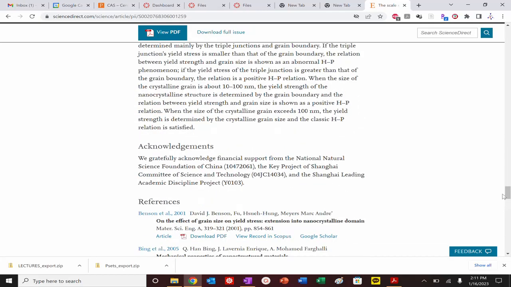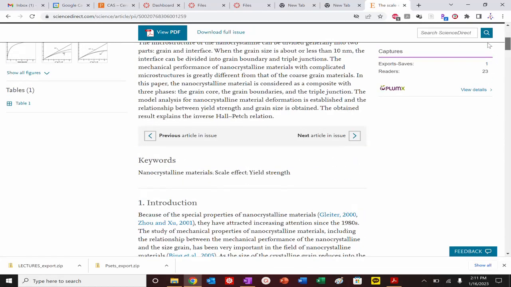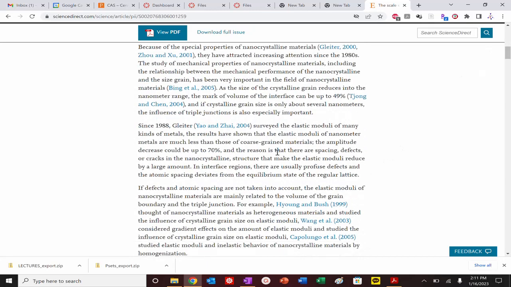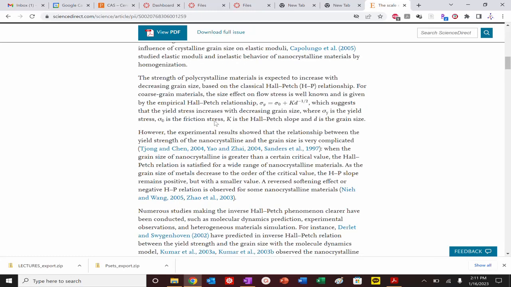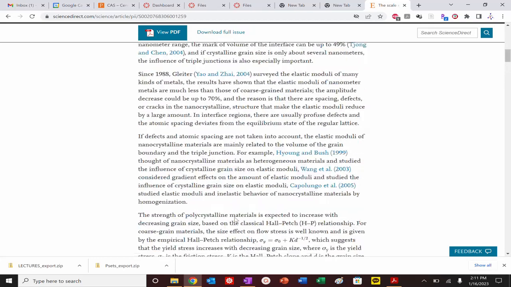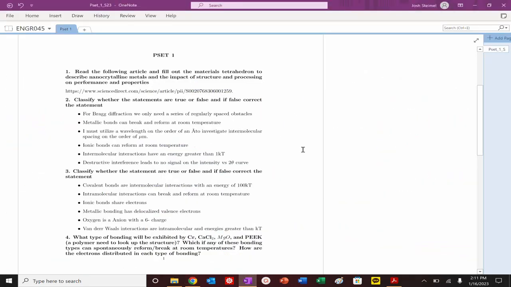There are lots of processes that give us nanocrystalline materials. And you can see here, size of the crystalline, elastic moduli, and heterogeneous. Excellent. And they actually experimentally show the relationship.